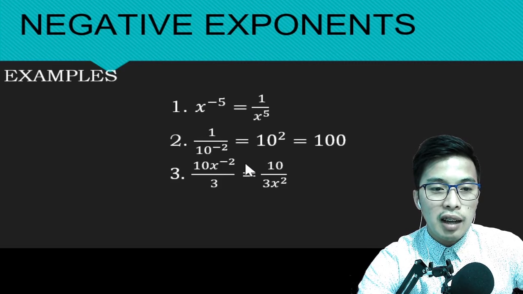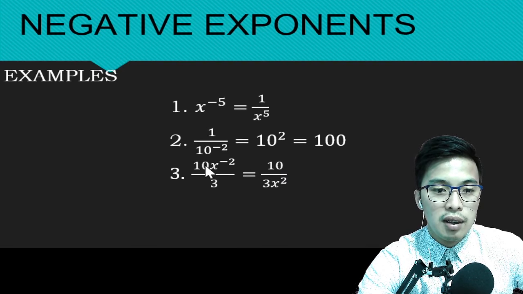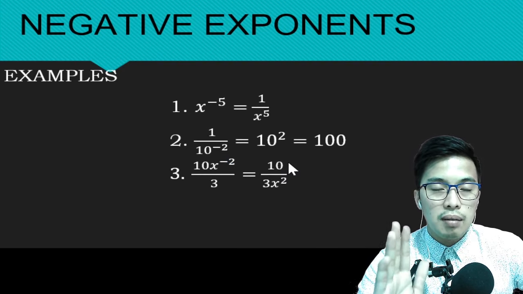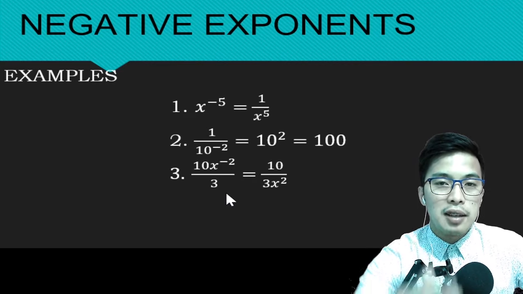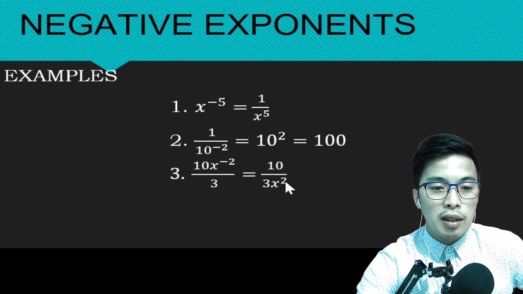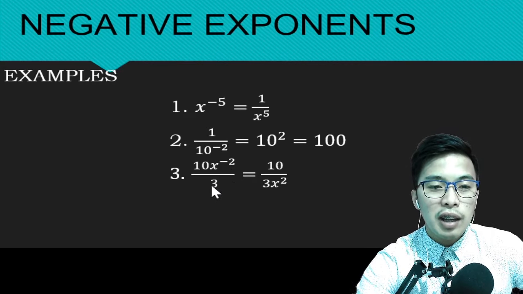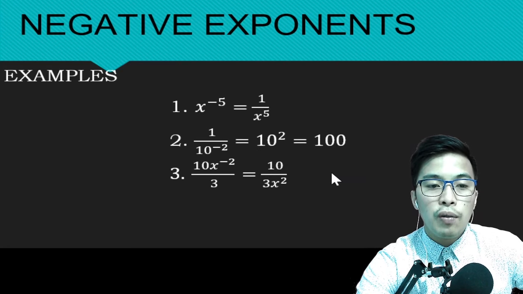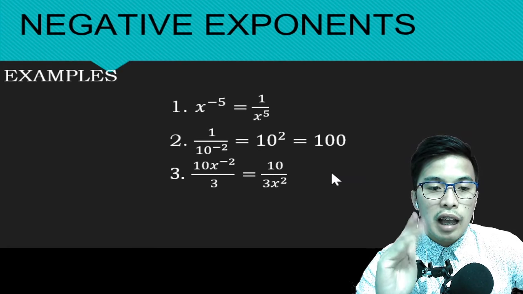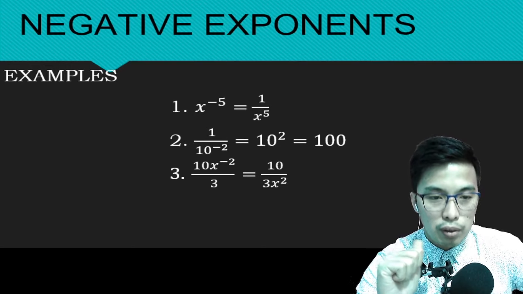So kaya nangyari dito si 10, nag-remain siya sa numerator kasi positive naman yung exponent niya. Si x naman is negative, kaya ilalagay natin siya doon sa baba, which is sa denominator. Again, si 3, positive, kaya magre-remain siya dito. Kaya the simplified form of this is 10 over 3 times x raised to the power of 2.